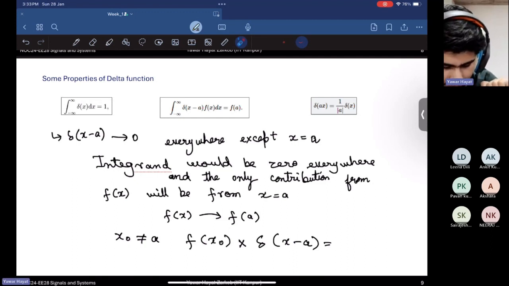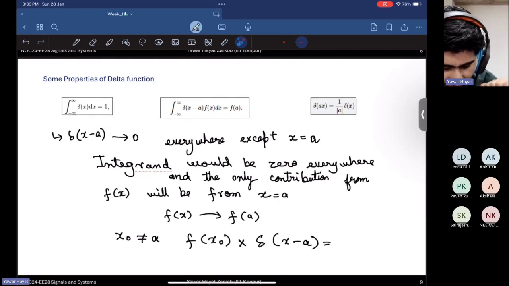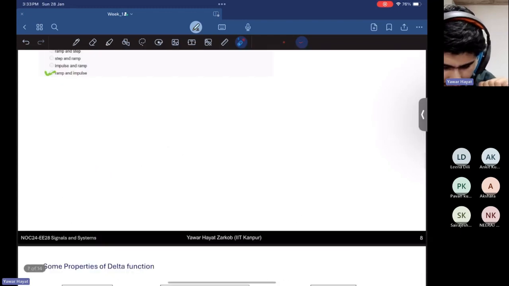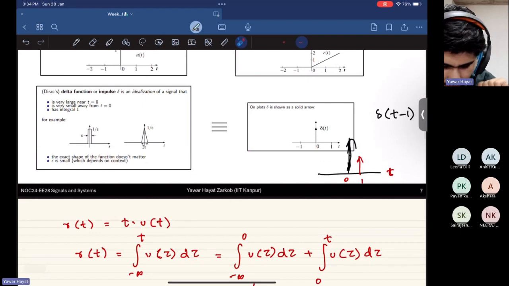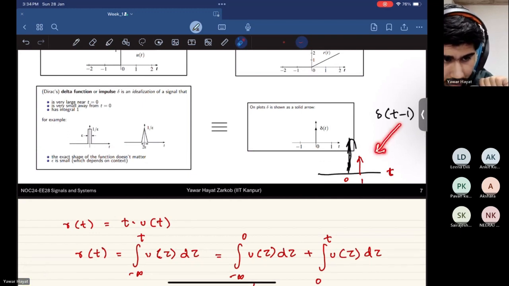Regarding this, what I mentioned was delta of x minus a is 0 everywhere except at x equal to a, right? We saw that here: delta of x minus 1 was 0 everywhere except at x equal to 1.